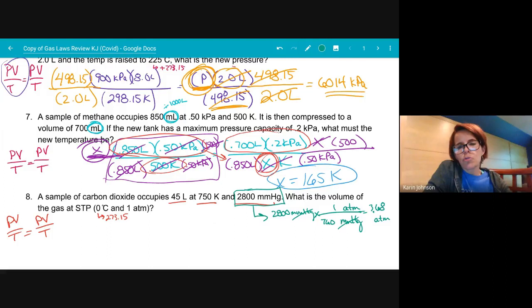You put your unit that they're currently in, and then you draw a straight line, and the unit that you're in goes on the bottom so that they cancel each other out. And then the unit that you're looking for goes on top. For atmospheres, it's always going to be 1 atmosphere is 760 millimeters of mercury, or 101.3 kilopascals is the other one that it could be.